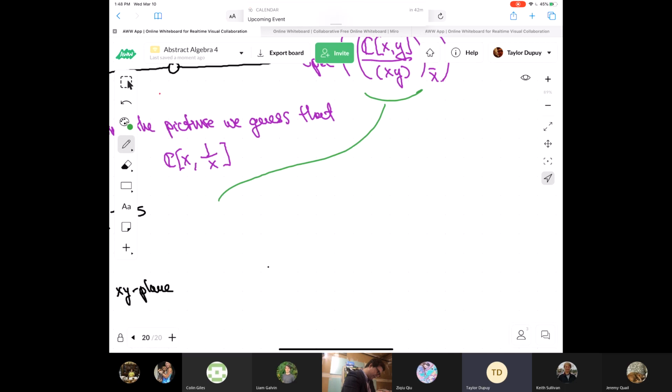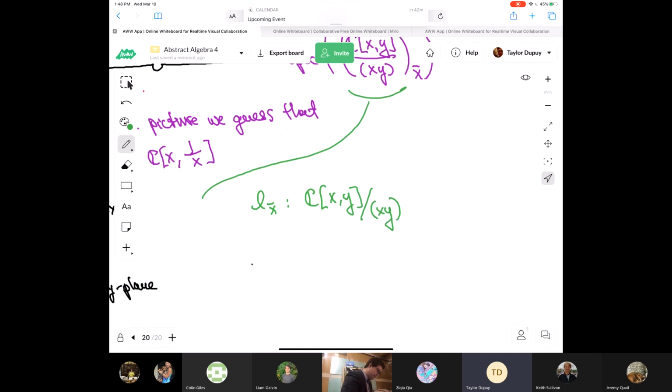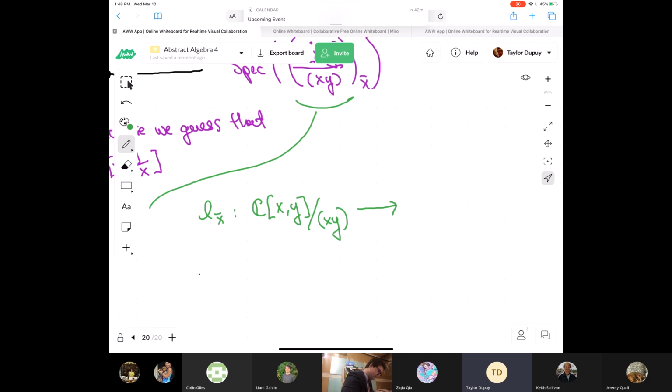So let's look at L x bar. I'm giving this a slightly different name. So we have C[x,y] mod xy, which goes to C[x,y] mod xy localized at x bar.